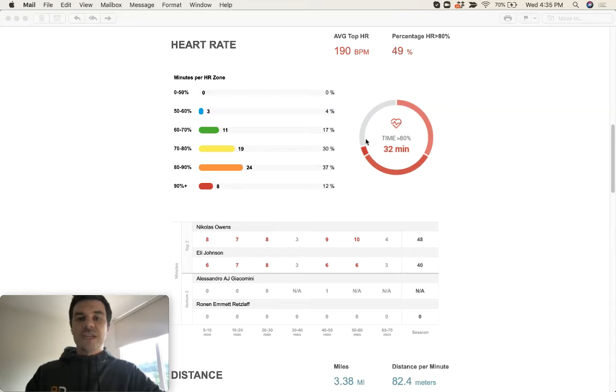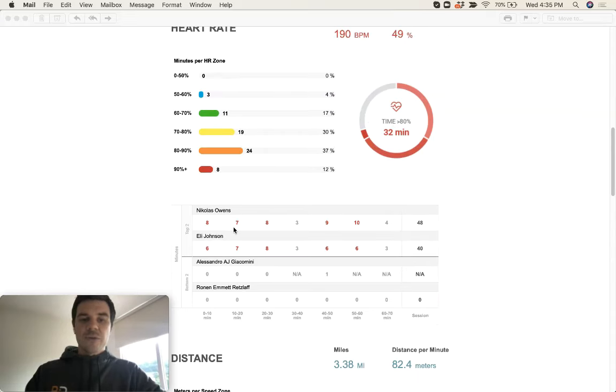What we've added now is how many minutes the players spent working across all of their heart rate zones, from the more resting zones through to these higher heart rate zones. When you add the time above 80%, you've got 24 minutes here, 8 minutes here. This is really all you're looking at in this dial: 32 minutes in total.